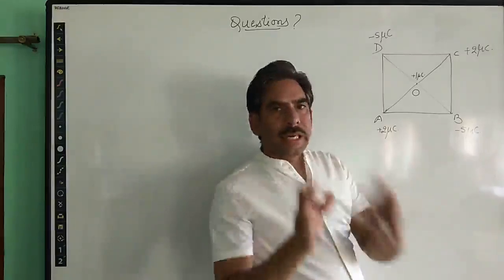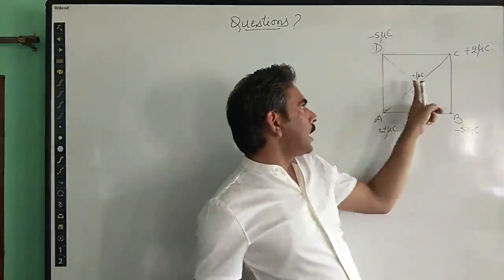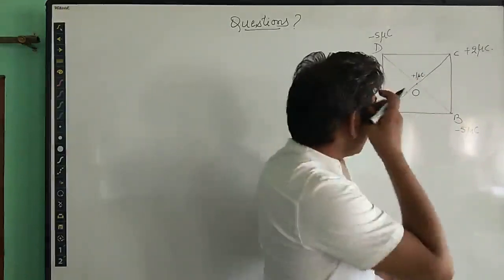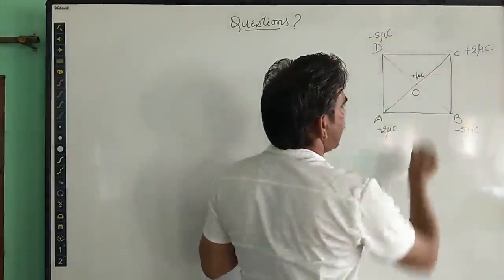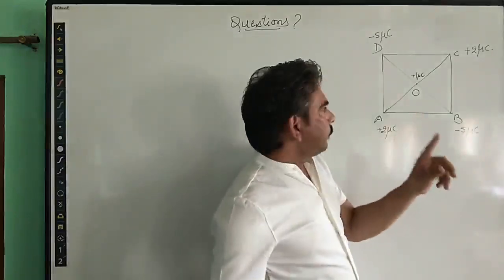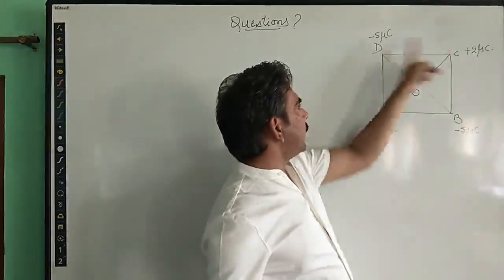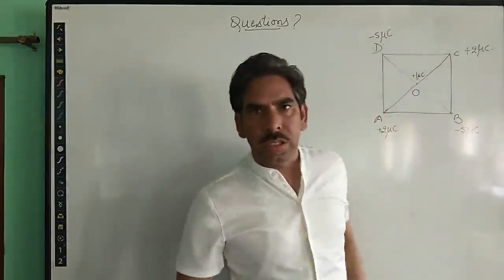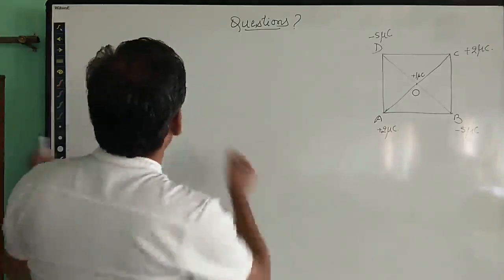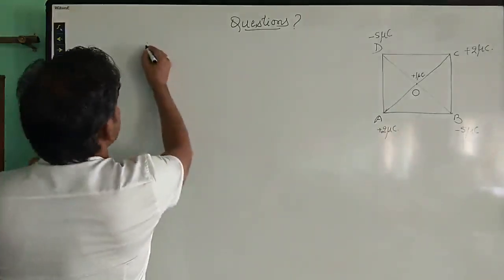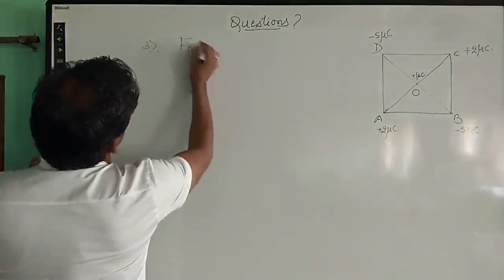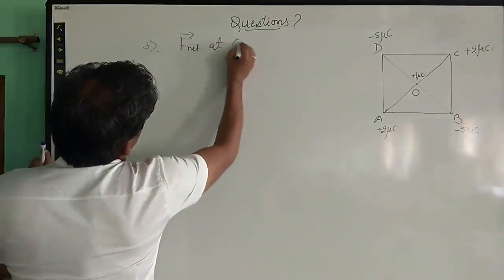So we have to calculate the net force due to all these 4 charges at the center where the plus 1 microcoulomb charge is placed. So in order to do that, first we have to write the expression for the forces exerted by each and every charge on this charge, right? So this is our question number 3. So we have to calculate the net force at O.